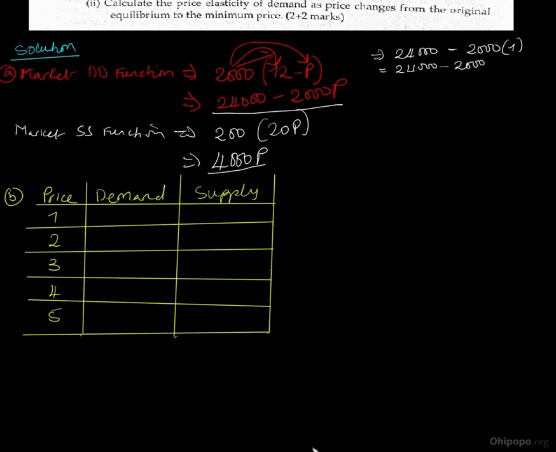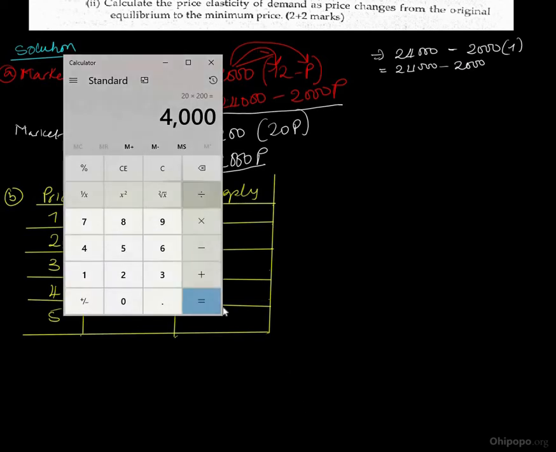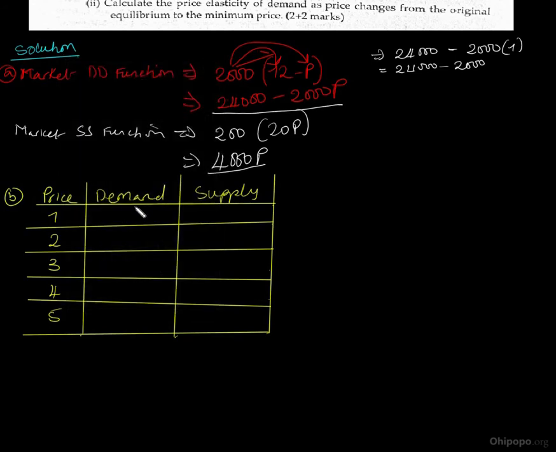We now subtract 24,000 minus 2,000. We now have 22,000. So at price 1, 22,000 cups are being demanded.